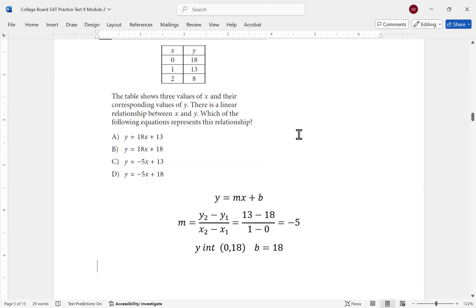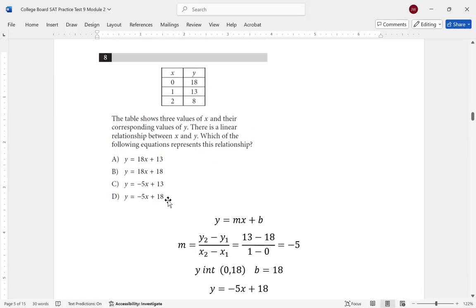That means the equation of the line is going to look like y equals negative 5x plus 18. That's the equation of the line, and therefore D is the answer to this question. So D is the answer to question 8.